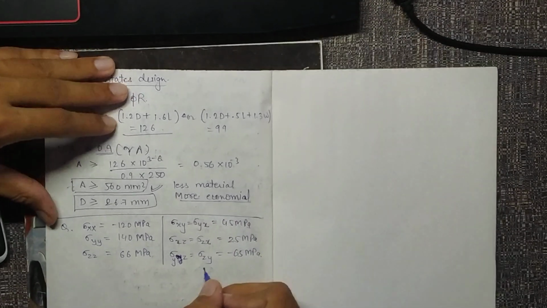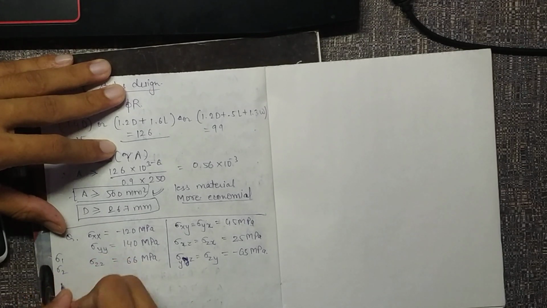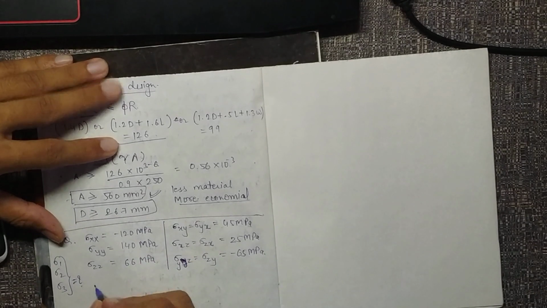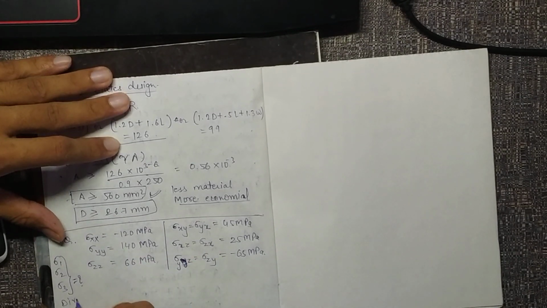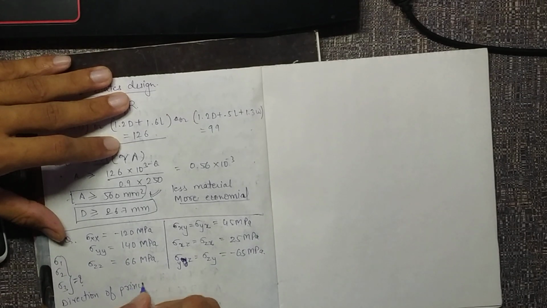And then I want to find principal stresses. So sigma 1, sigma 2 and sigma 3 are unknown, and the directions of principal stresses.